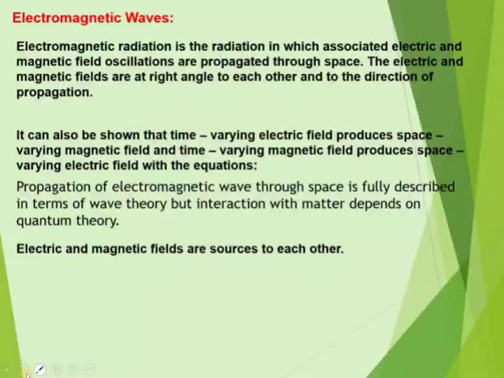Here the electric and magnetic fields are the source to each other, because the electric field produces magnetic field and the magnetic field produces electric field. Here we are not discussing Maxwell equations, but in modified form it can be discussed.